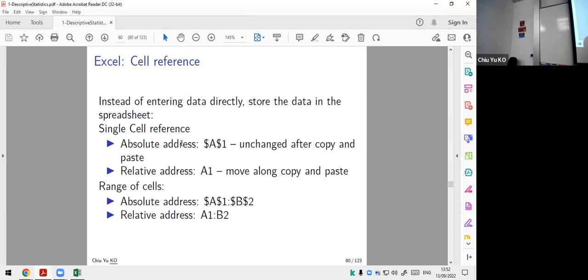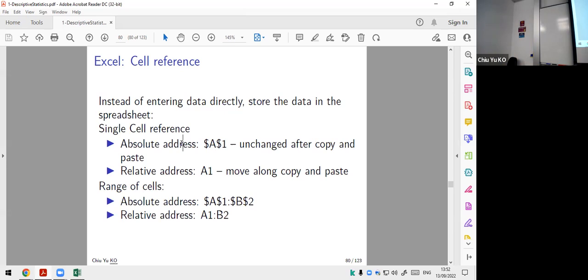If you put the dollar, it's an absolute address. When you don't, we have a relative address. You may ask, what's the difference between dollar sign and no dollar sign? Usually there's no difference. The difference appears when you do copy and paste.